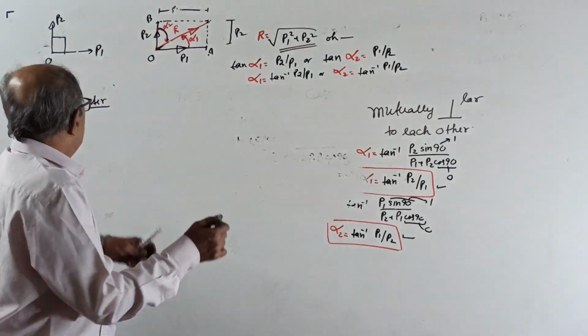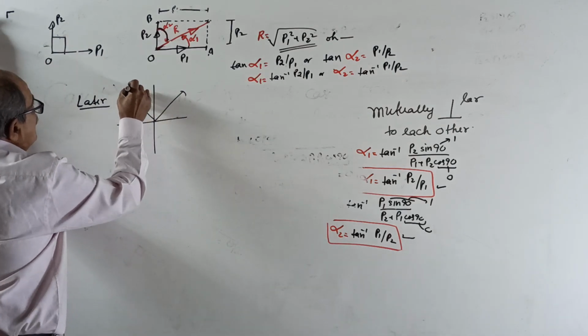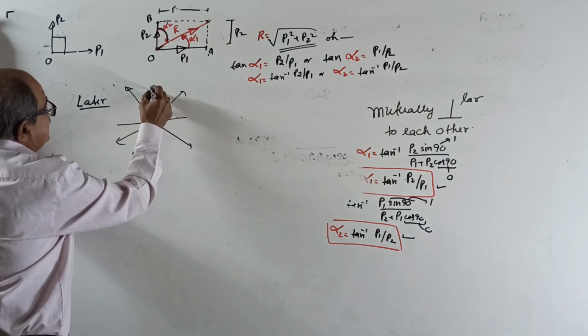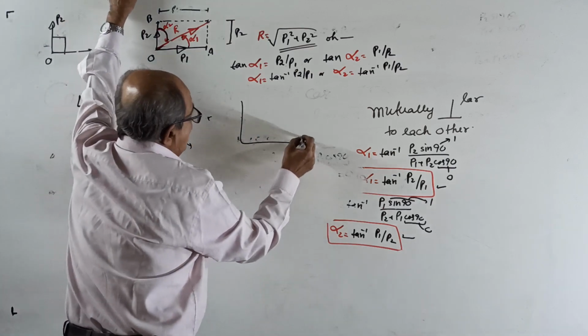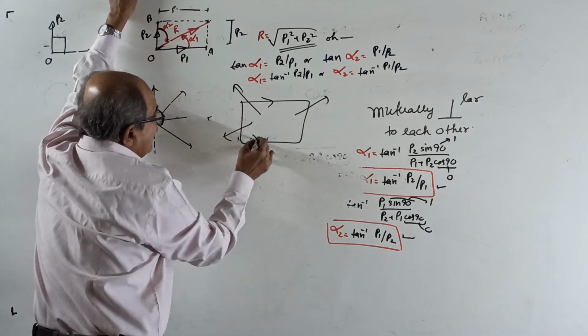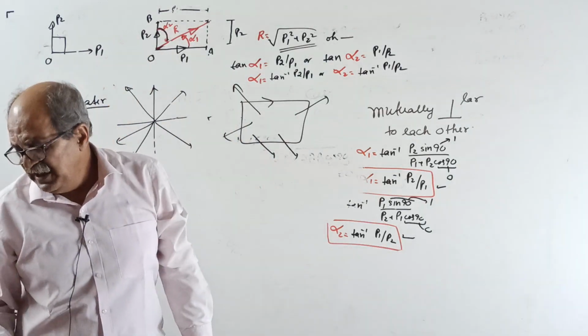Either a concurrent force system, you write here, multiple number of, this way, any number, concurrent force system or multiple number of coplanar force system. Write a note here. At that time, we are getting the resultant.